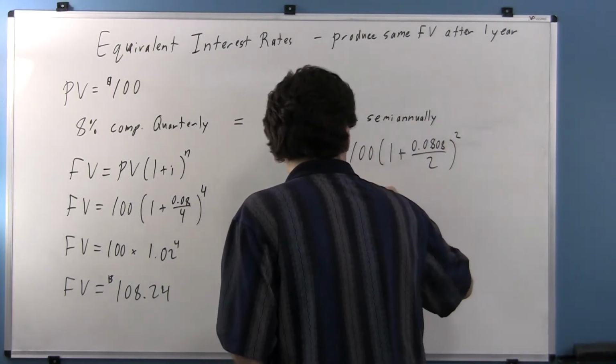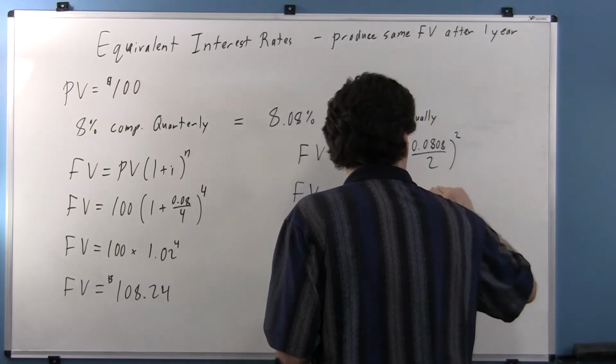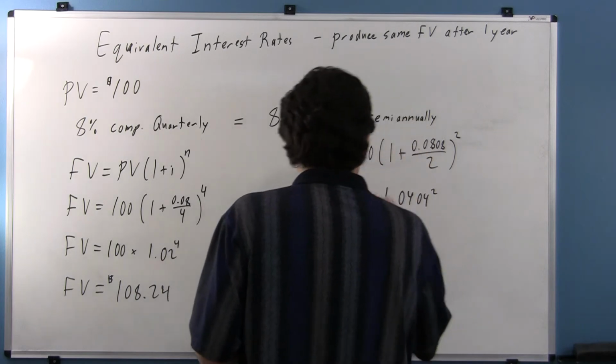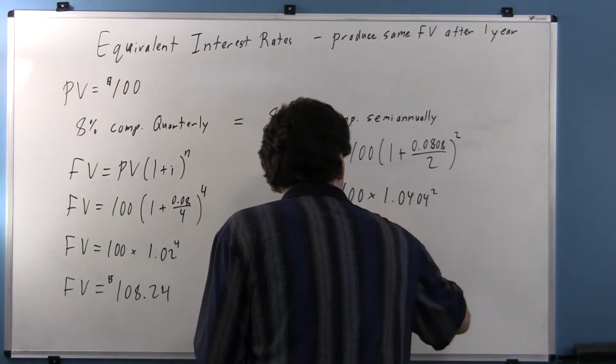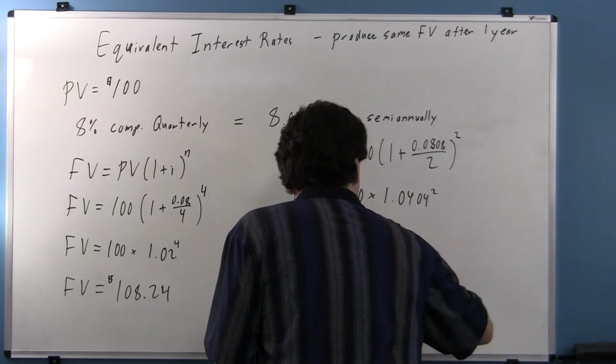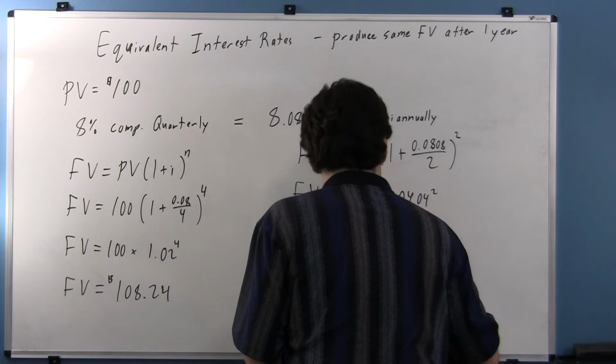So that's 100 times 1.0404 squared. And if you try that in your calculator, yes, you should get $108.24.